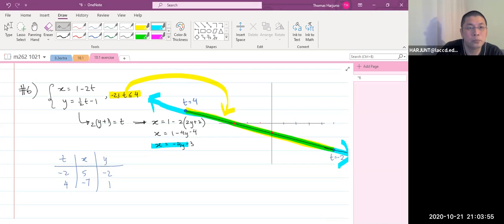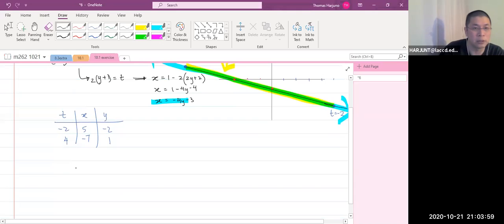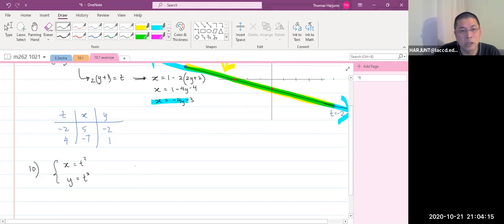As for number 6, let's see number 10. x is t squared, y is t cubed. So we can say x cubed equals y squared. Is it right?